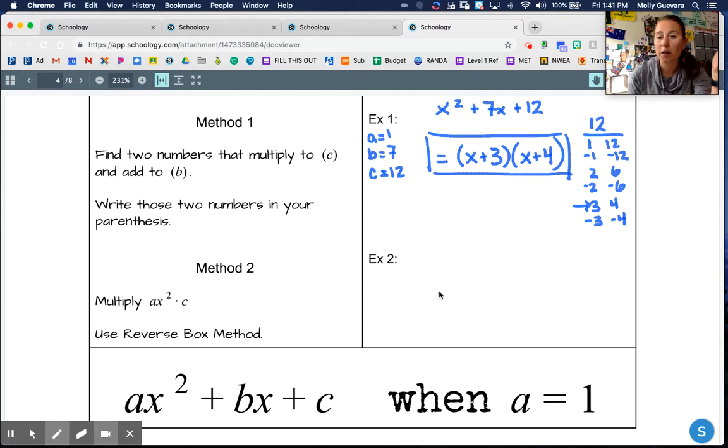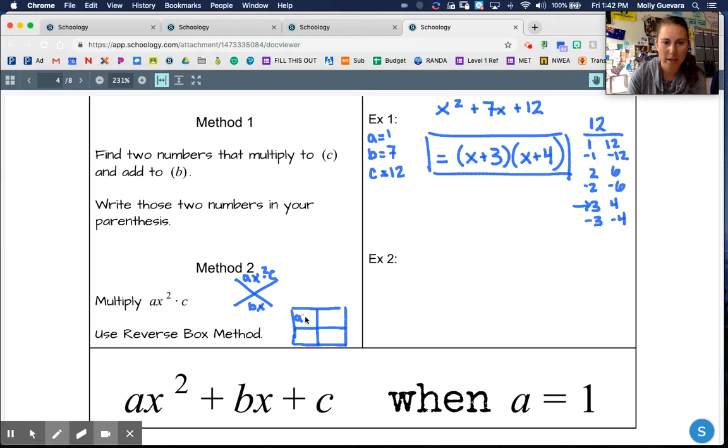Okay, so for method 2, we multiply our ax squared times c. So we're doing the x and the box. We're going to review it again when a is not 1, but for now, ax squared is what goes up here. ax squared times c, and then bx goes on the bottom.